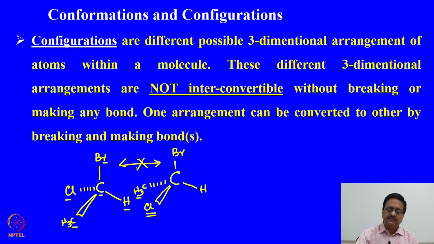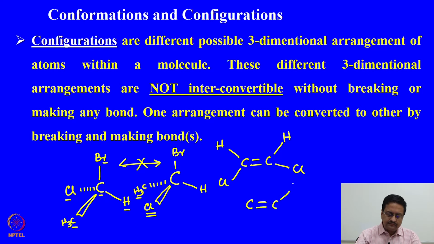The other type of example of configuration can be seen in geometrical isomers, where we have the cis and trans isomers. The trans compound would look like this, where the two chlorine atoms are on opposite sides of the double bond and the two hydrogens are also opposite.